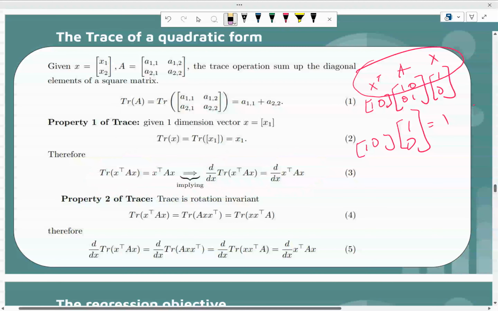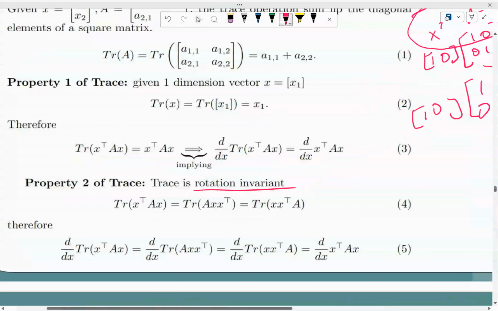Another interesting property about trace is that trace is rotation invariant, which means that right here, if you were to just move this to the other side, see, x transpose, they're actually equivalent. This is a very good example. You should give it a try. Basically, make up some numbers here and then check that when you rotate them, it's exactly the same. And you can rotate them again.